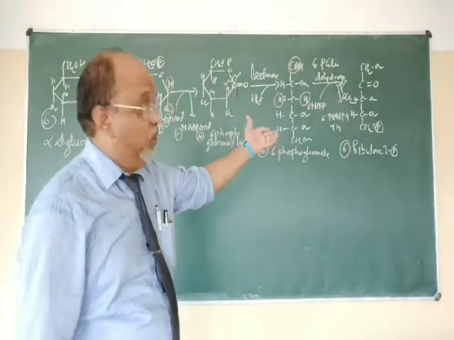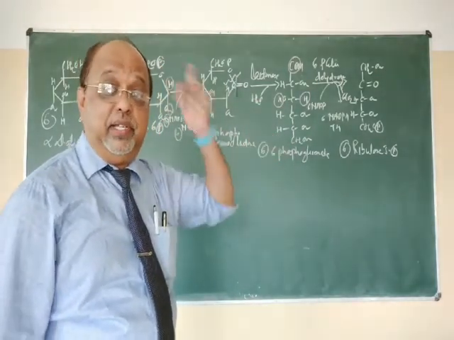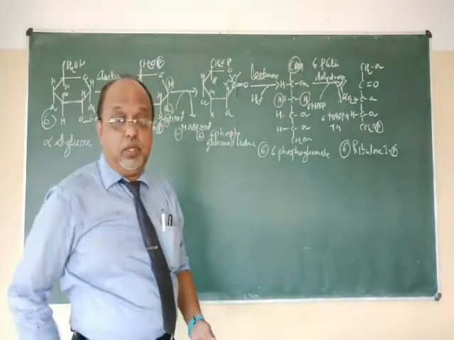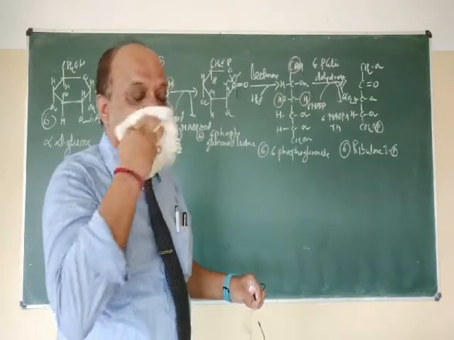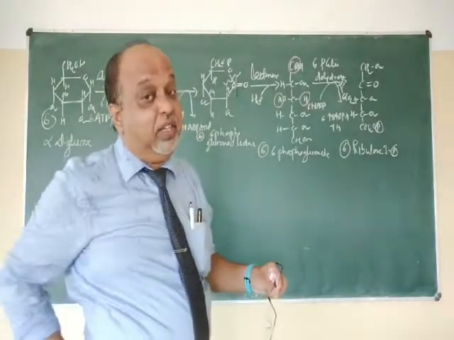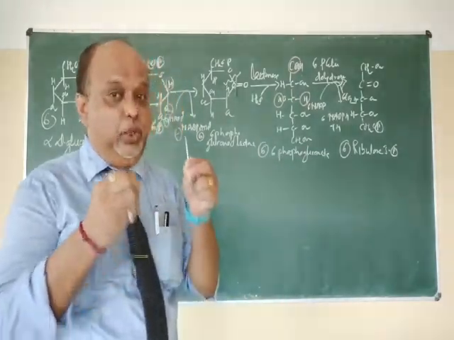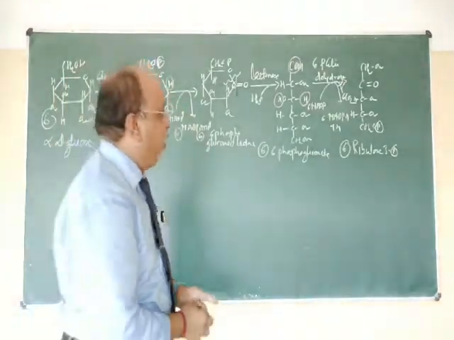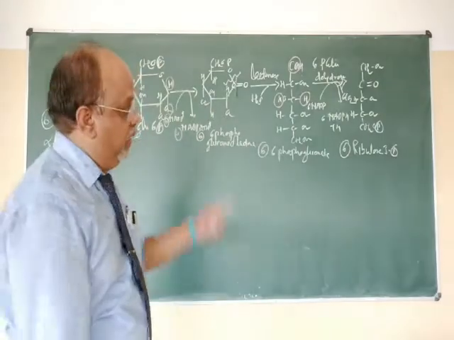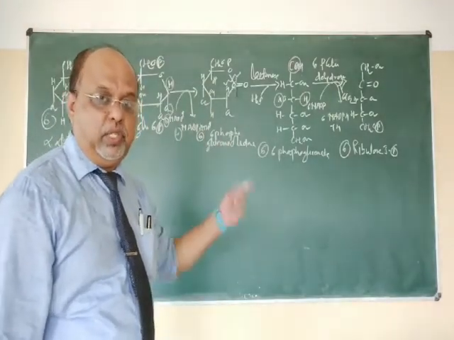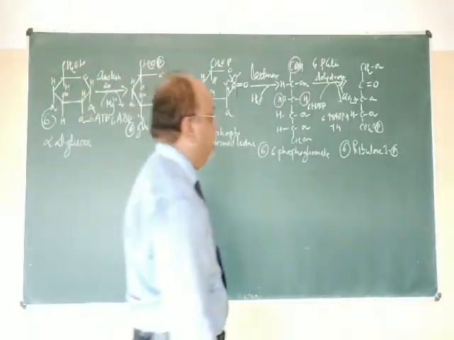And how many molecules are there? 6. That means 6 carbon atoms are removed in the form of carbon dioxide. Means there is a loss of 1 hexose. Okay, so now this ribose 5-phosphate, it's a pentose. Now this can be used for another biosynthetic purpose.